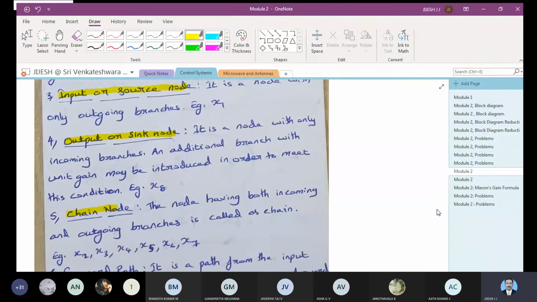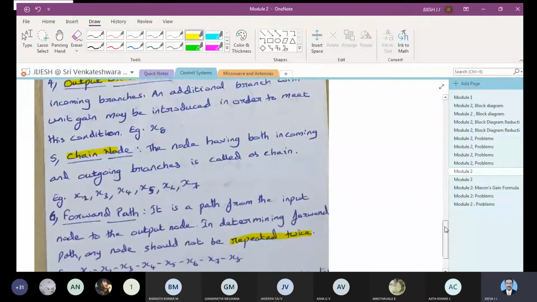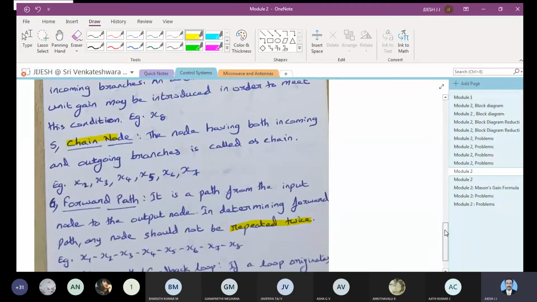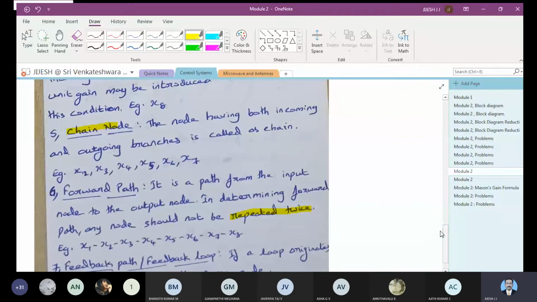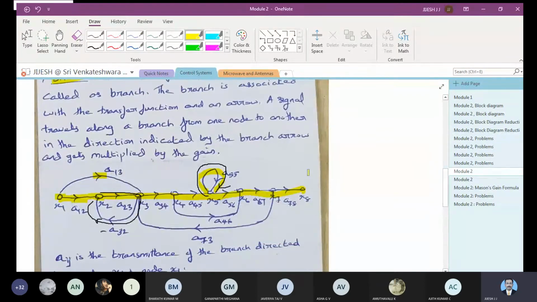If you go without touching a node again, then you get the forward path from source to destination. Here you can see x1, x2, x3, x4, x5, x6, straight till x8. It gives you the forward path. That is what you have to understand.